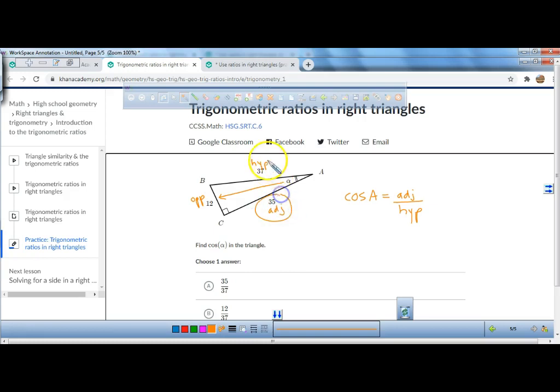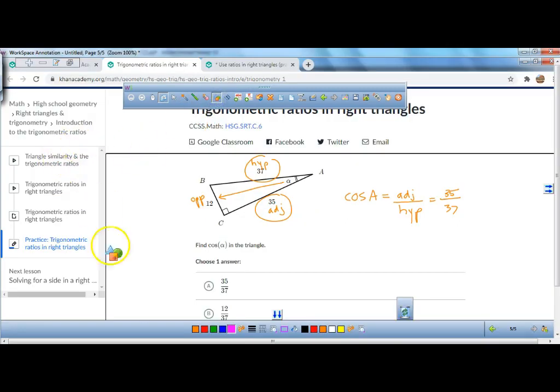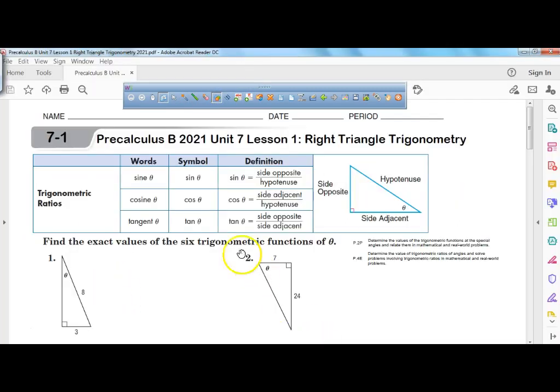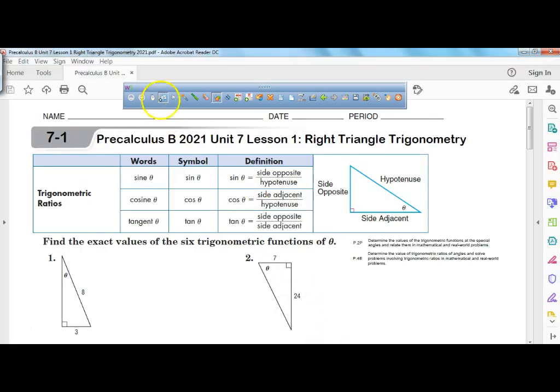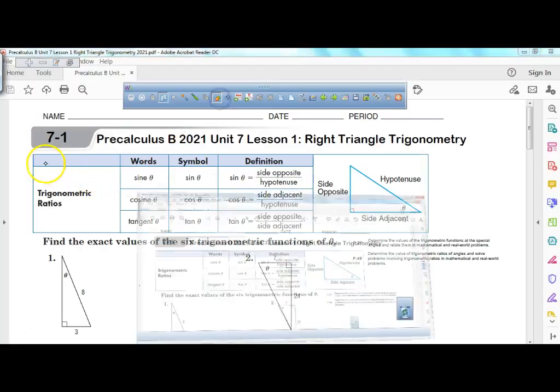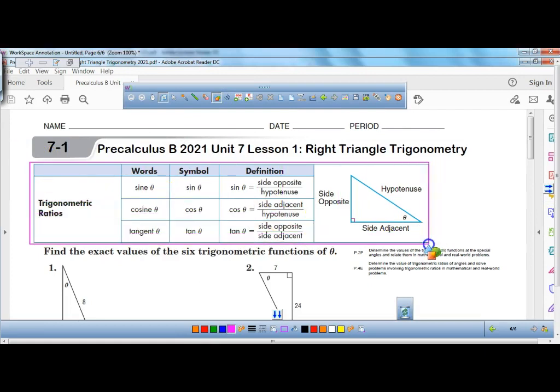So I'm doing adjacent over hypotenuse, which is 35 over 37. And that's it. This is why putting this box in your journal is important. Please just let me draw the box. That's why it's important to put this into your journal.